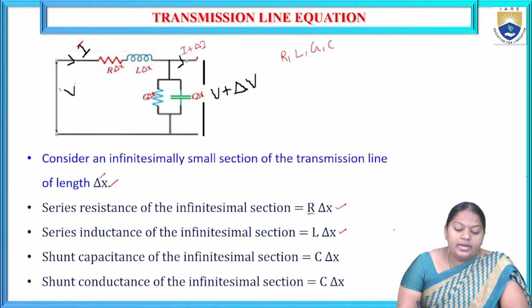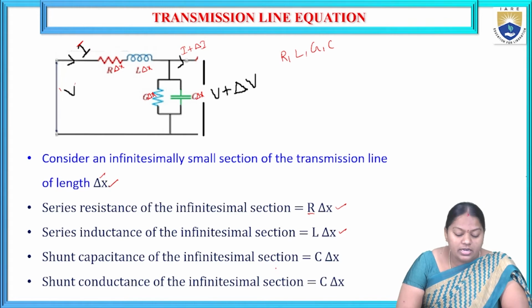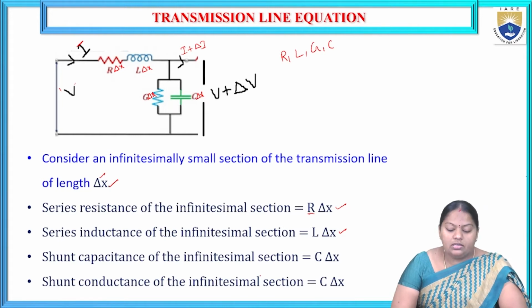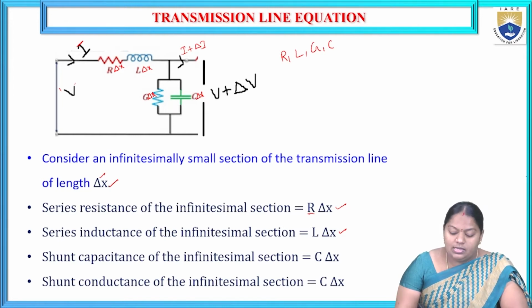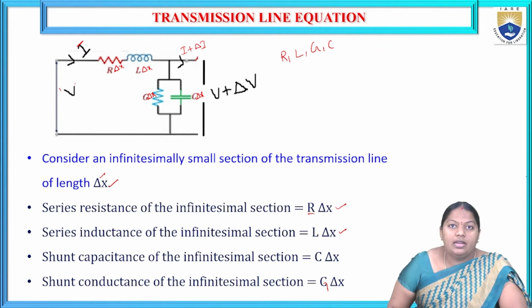The conductance and the capacitance are connected in shunt in the circuit, hence they are represented as the shunt capacitance of the infinitesimal section, C into delta x, and the shunt conductance of the section, G into delta x. These are the four components in the lumped element section of this transmission line with length delta x.